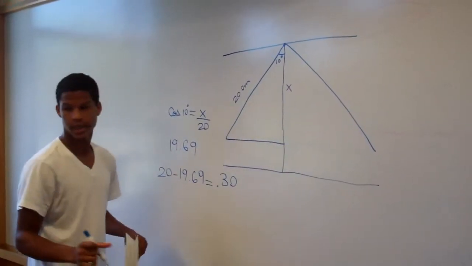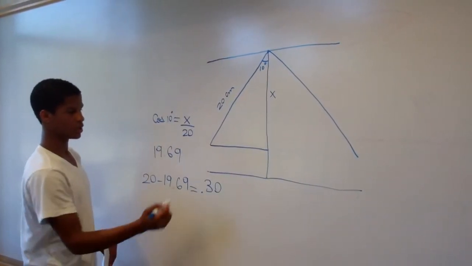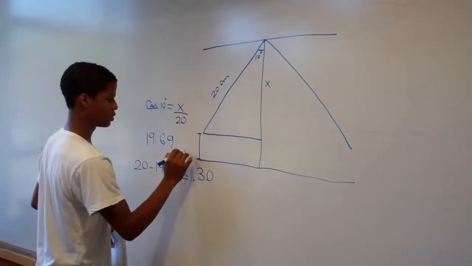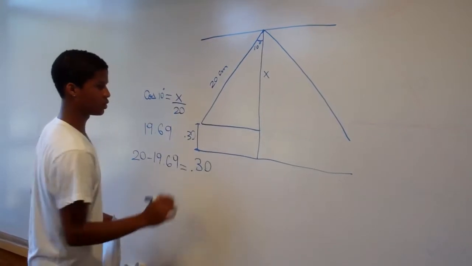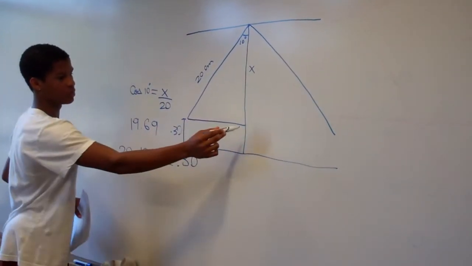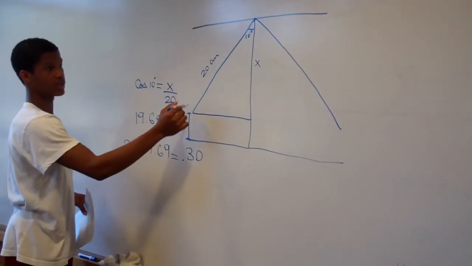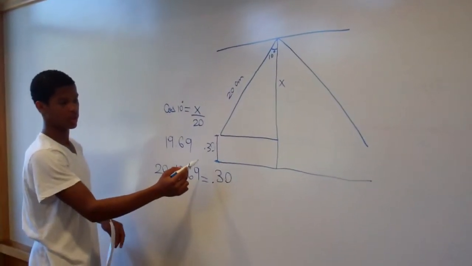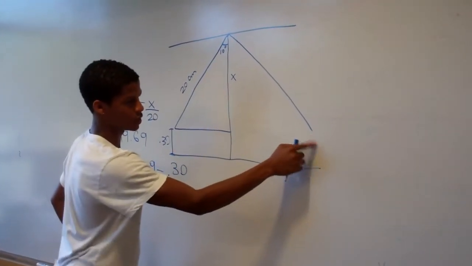We round it out to 0.30. So this height right here is 0.30. So the maximum height when it moves at 3 seconds at 10 degrees is going to be 0.30, and the same over here.